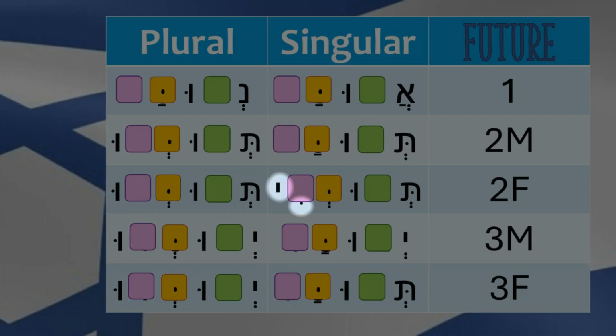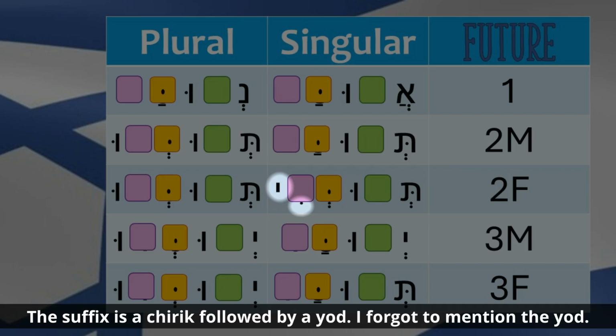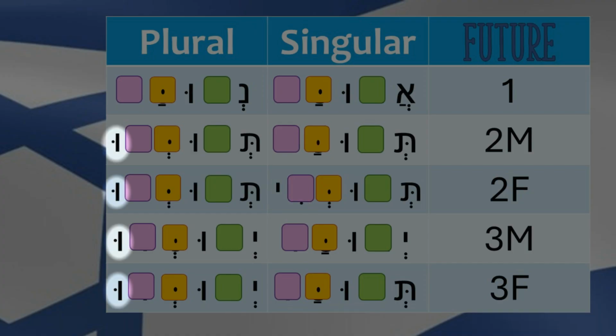So for second person singular feminine, it's an e suffix, and so there's a chirik under that third shoresh letter. And for the second person plural and the third person plural, they're going to have an u, which is a shuruk, right after the third shoresh letter.